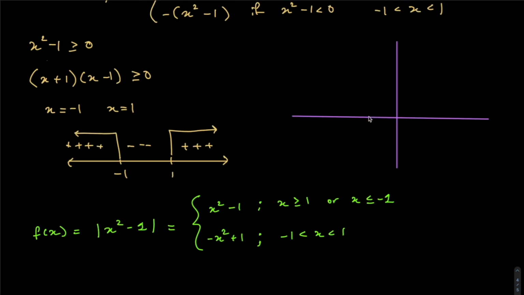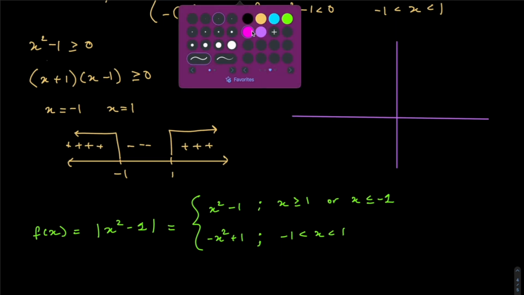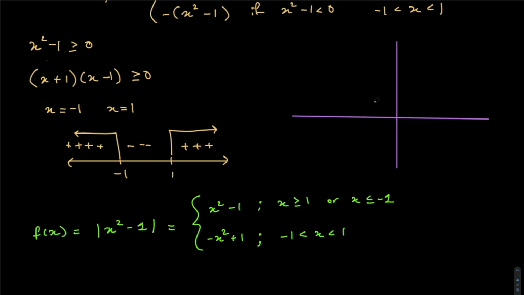So what you're going to have is something like this, and like this. It looks like a weird W. Or if you want, I can change the color. It's going to be a parabola. Essentially this is x squared minus 1, but it's a modulus, so everything below 0 should be positive. So I'm actually going to have this, and I'm going to make a dotted line right here, like this.